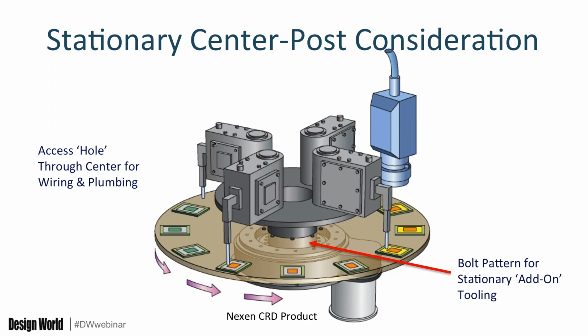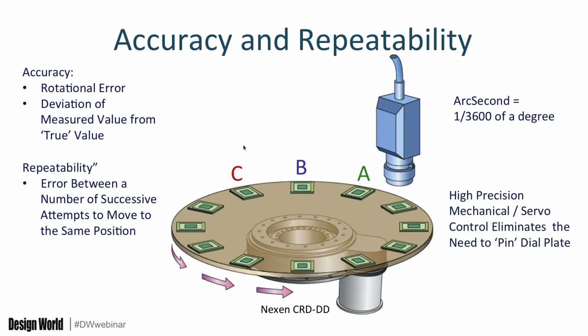So it's always an important consideration when you're looking at this, because if you're able to utilize a stationary center post by securing pick and place units at the top portion, then you still have a hole going through the center, and that hole through the center can still be used for the plumbing, and it can also be used for any wiring. All important features when you're looking into your indexer selection.